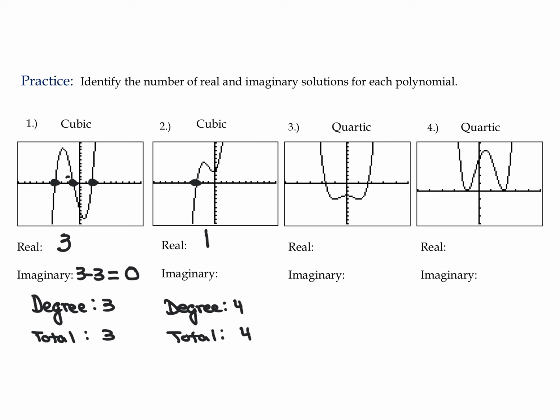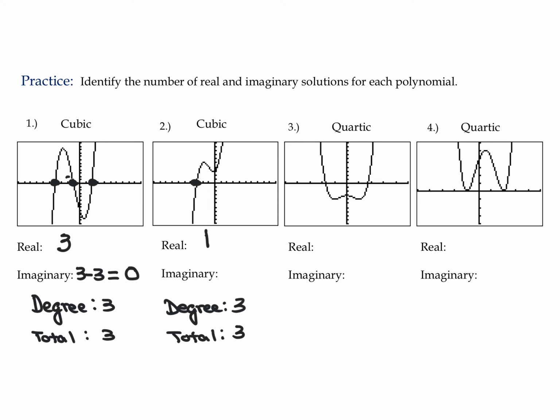To get the imaginary roots, we are going to... guys, I'm not sure what I'm looking at, I was putting the quartic answer for a cubic. Let's go back. This is a cubic. The degree is 3. The total is 3.